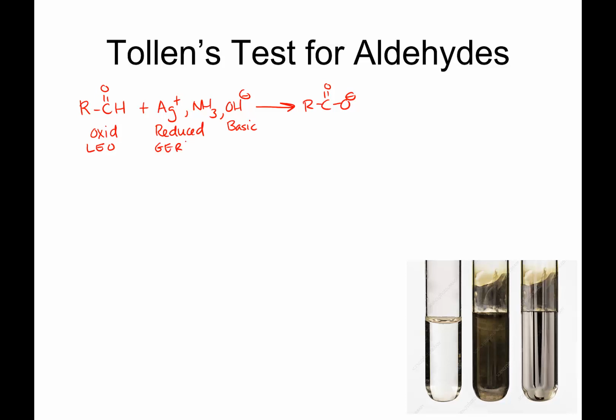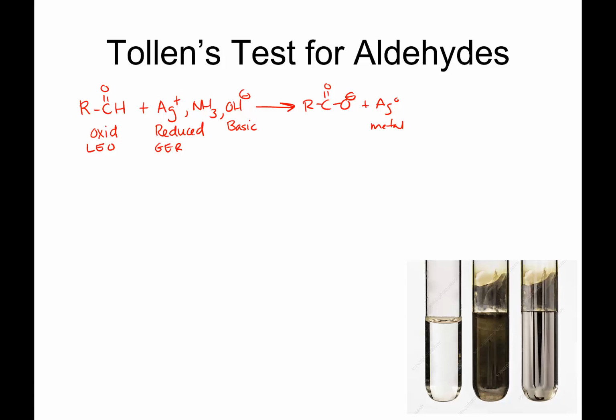So that means the silver plus ion goes to silver metal. And then the ammonia and the hydroxide are just there for the reagent. So this test can be used to determine whether or not you have an aldehyde. It can also be used to make what is called a silver mirror.